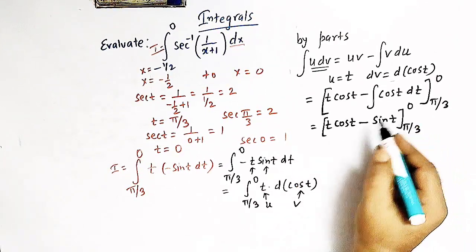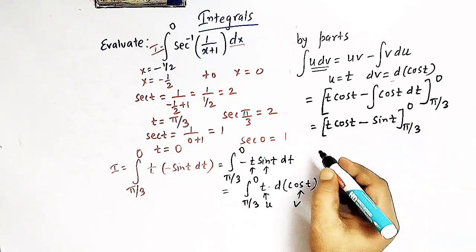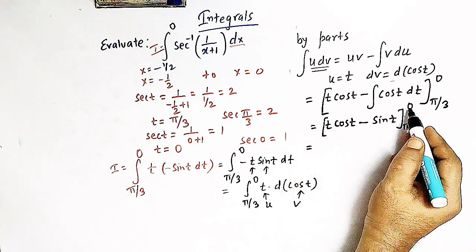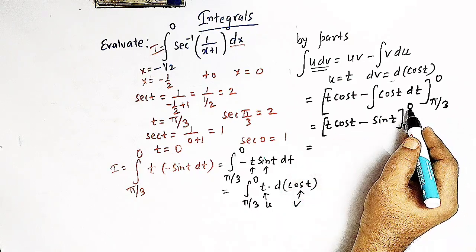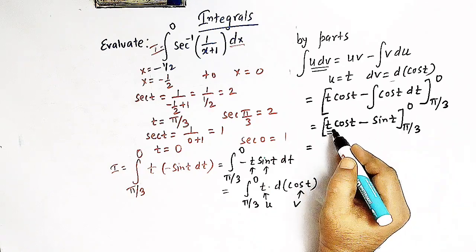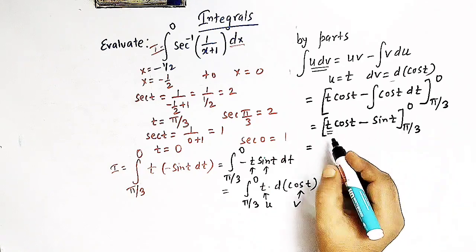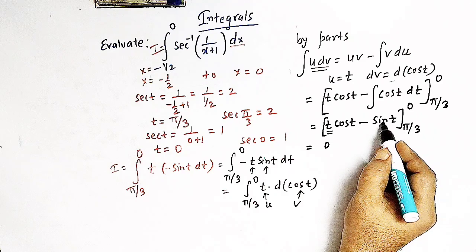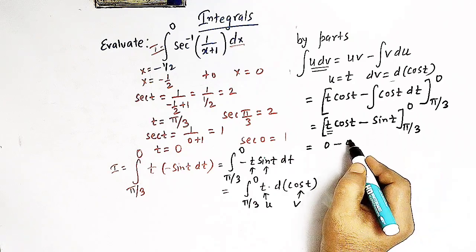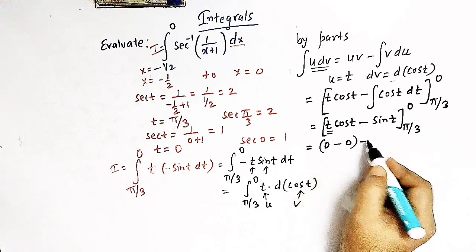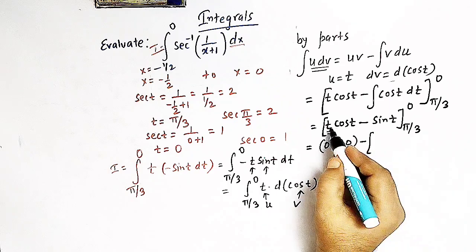So now let us substitute the limits and take the difference. So first we'll take t is equal to 0. So here when we take t is equal to 0, this quantity is 0, and then sine of 0 is also 0, right? And then we take pi by 3.